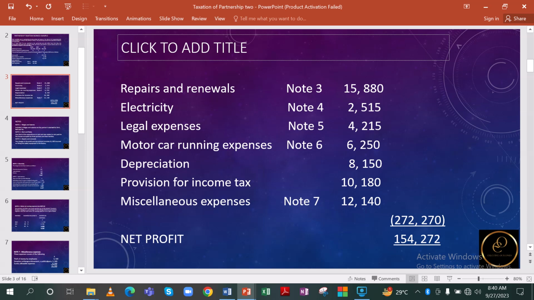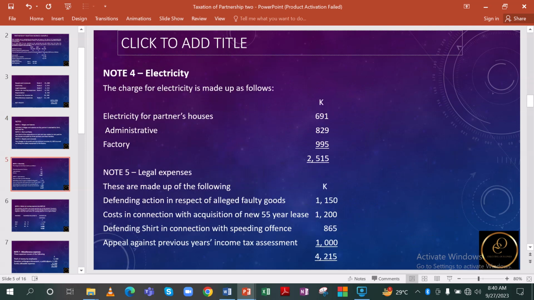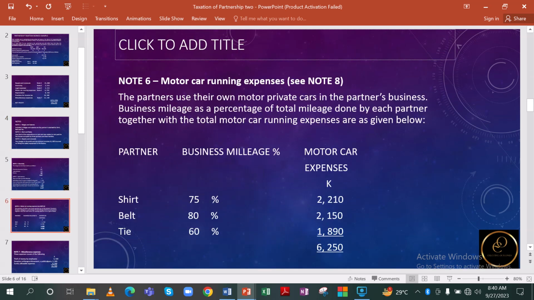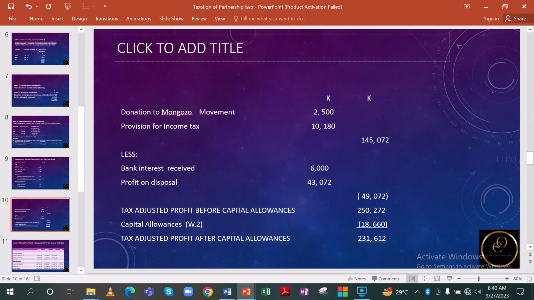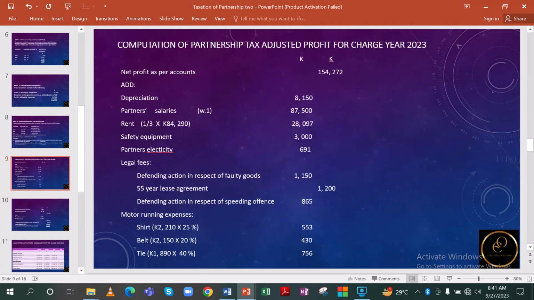Instead, the Revenue Authority gives relief to a taxpayer in the form of capital allowances, which we are going to deal with later on. So if it is disallowed, it is added back. We have to add back depreciation of 8,150.